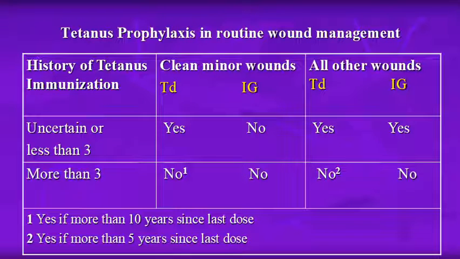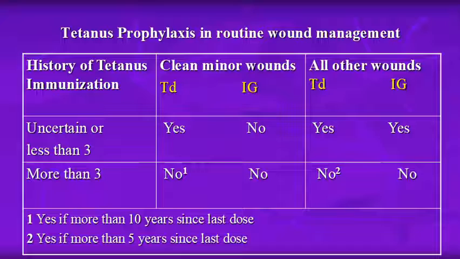T stands for tetanus and D for diphtheria, because it's available sometimes as a double vaccine, sometimes as triple DPT in children, but we use here in adults, for example, TD, and T is capital while D is small, because here we put a small dose of diphtheria, don't use a large dose. So TD is a vaccine, and IG is immunoglobulin, that is the passive antibody.